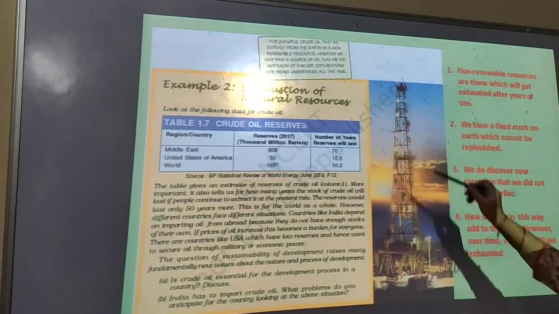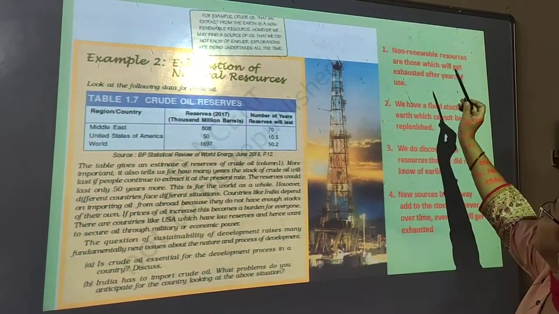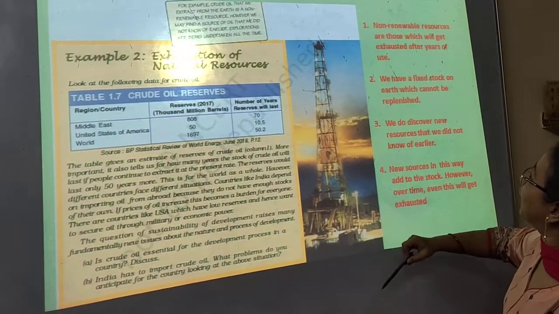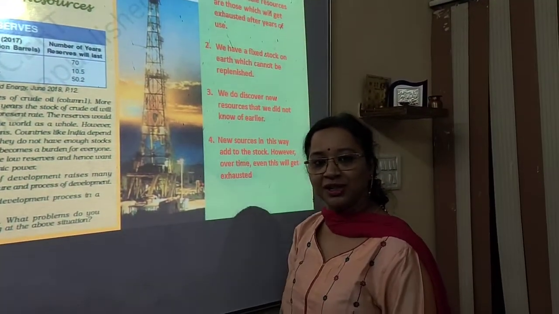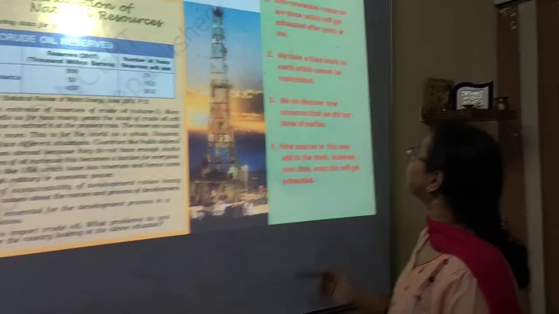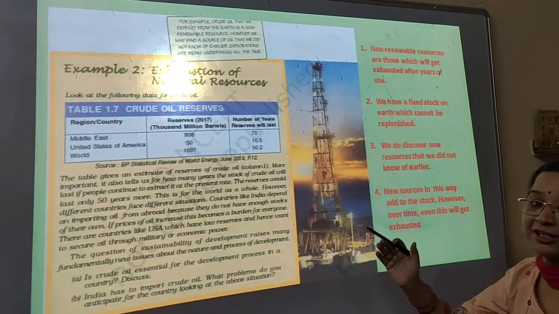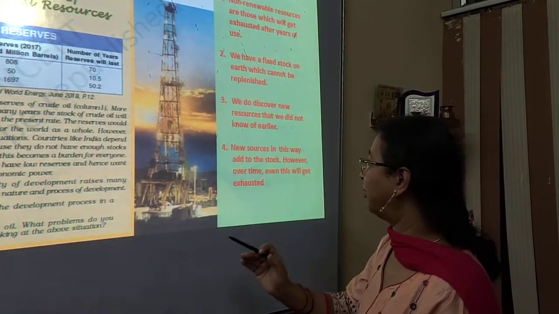Now take this example. This is an example of a non-renewable resource. It is called fossil fuel. What have we done? See, these are non-renewable resources. Why? Because they will get exhausted after years of use. They are not going to be replenished by nature immediately. So we have a fixed stock and we have to manage that in a planned way.